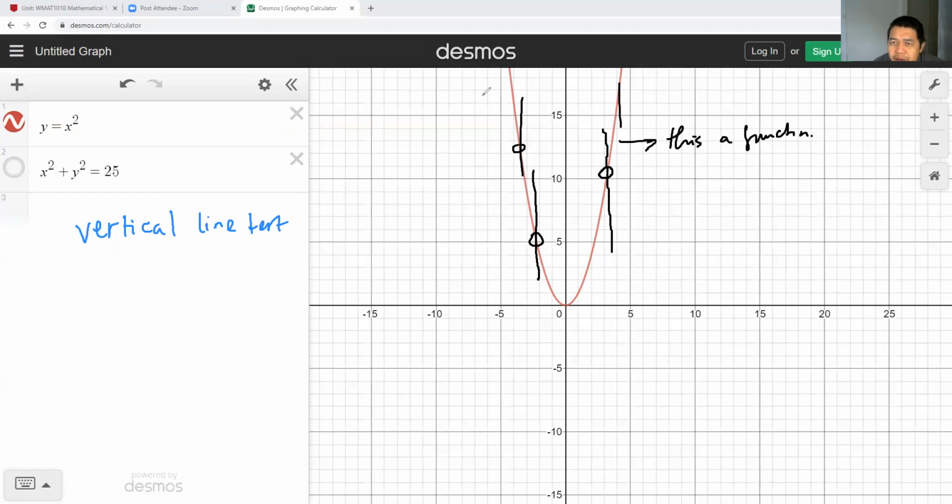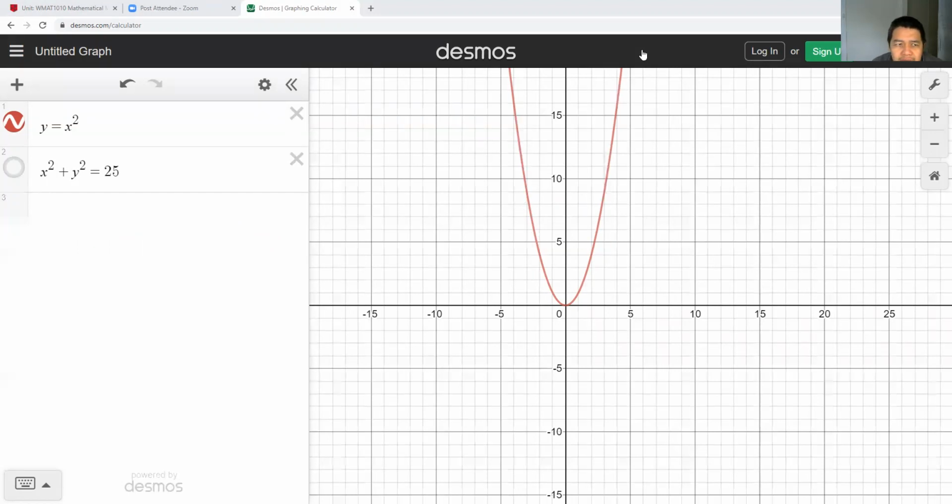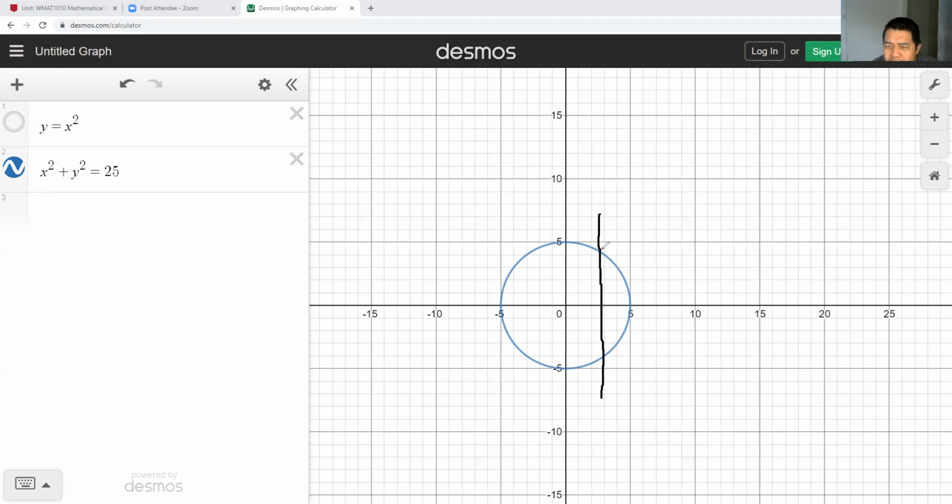Now, if I look at the second one, which is the circle, and I do the same thing and plot the vertical line, you can see this vertical line cuts the circle at 2 points.